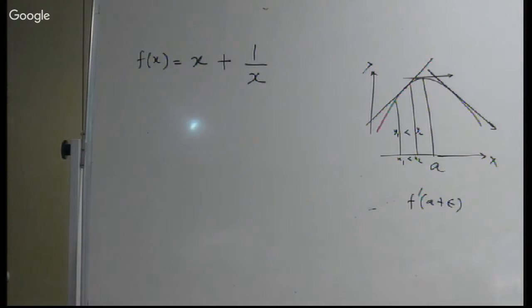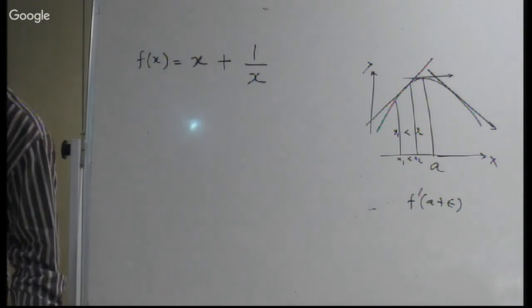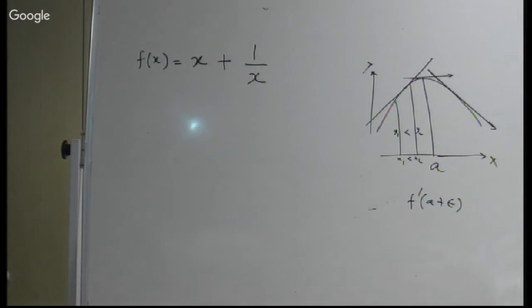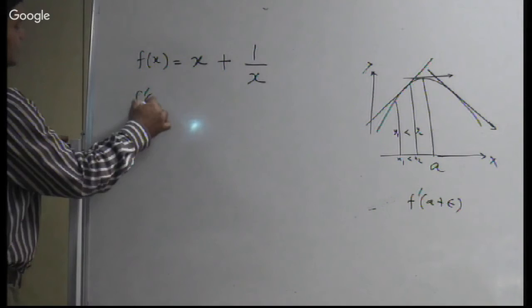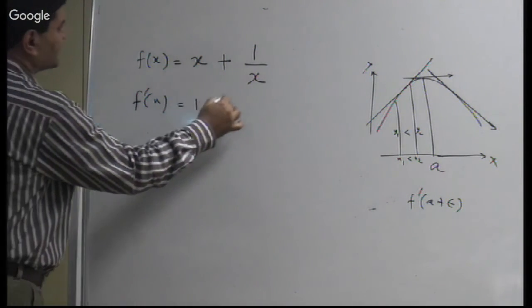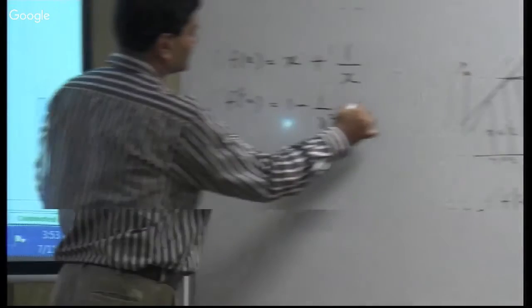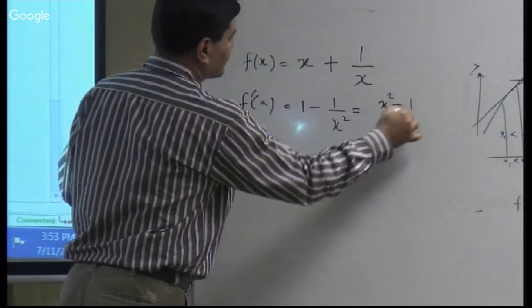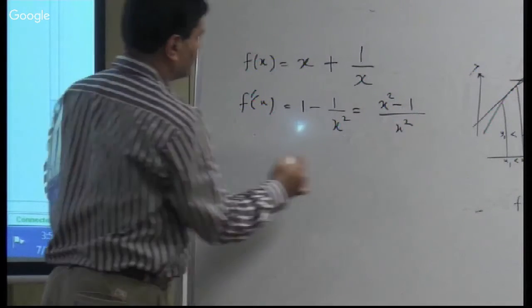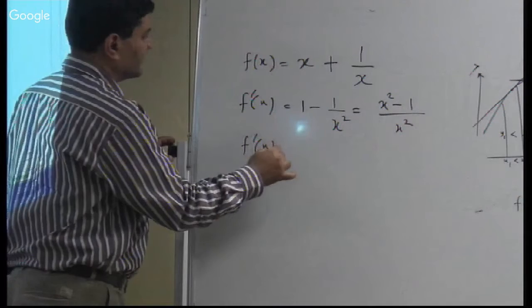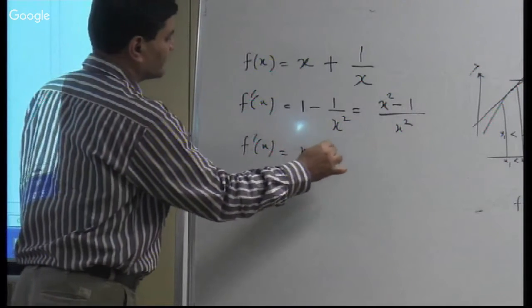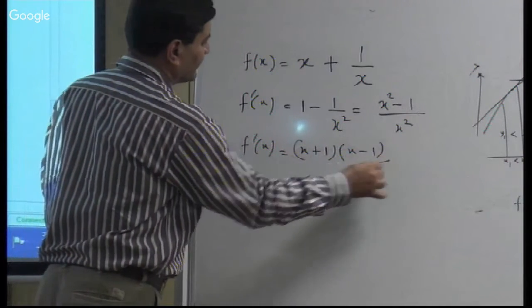What are the points of local maximum and minimum? What you will do first, we'll find the first derivative. What is the first derivative? 1 minus 1 by x squared. You can write it as x squared minus 1 by x squared. Right? So when you equate this equal to 0, we'll get 2 points.